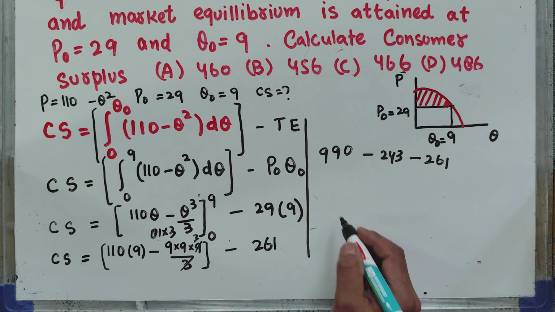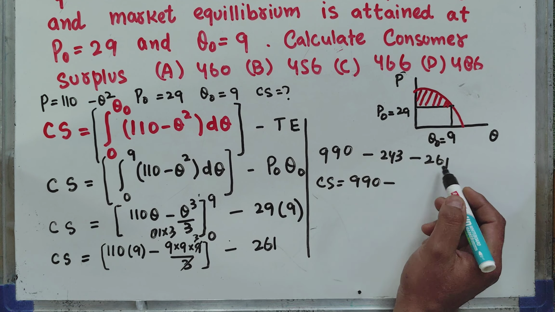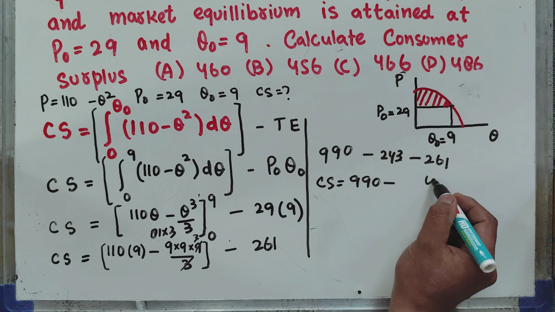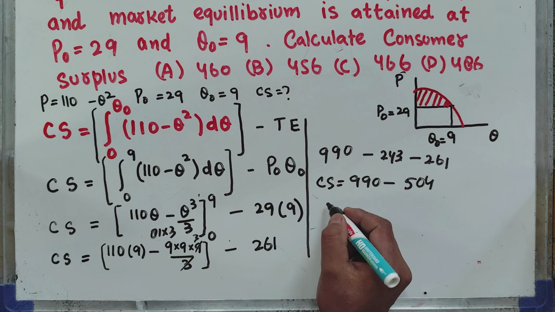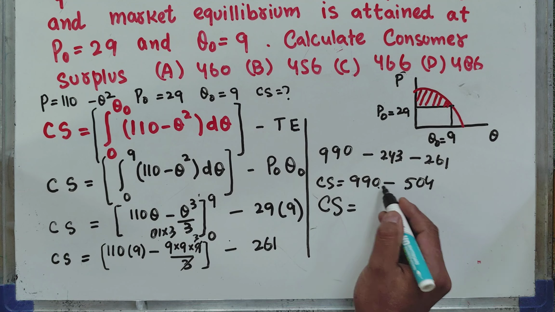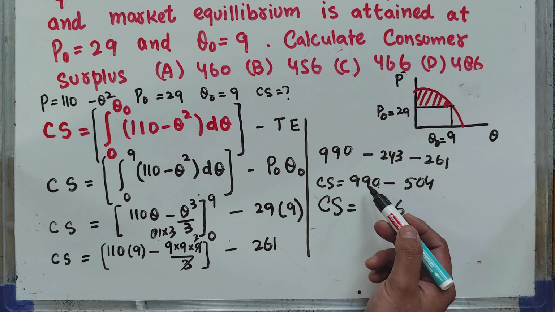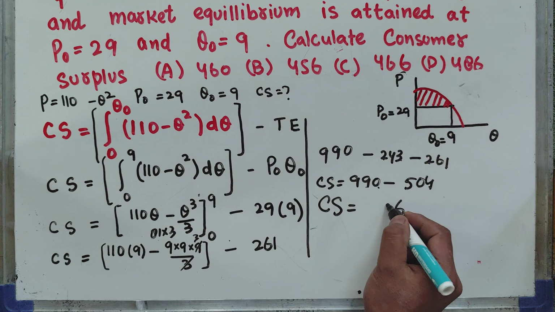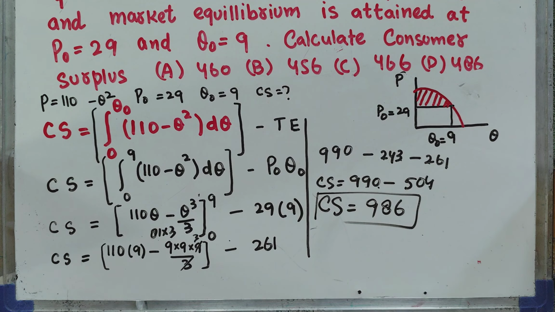So consumer surplus is equal to 990 minus 504, so consumer surplus will be equal to 486.